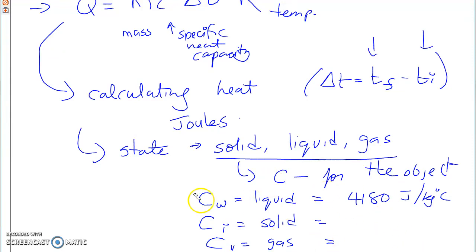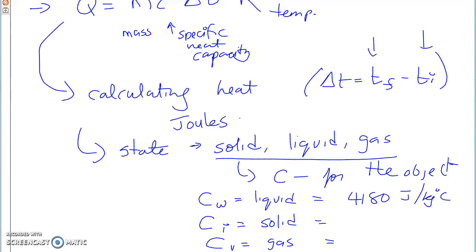So you have to be careful as to what state it is in. For most states I've given you the specific heat capacity, so just make sure you are aware of that. So we started with this first. Are we good with this? Can I erase this?